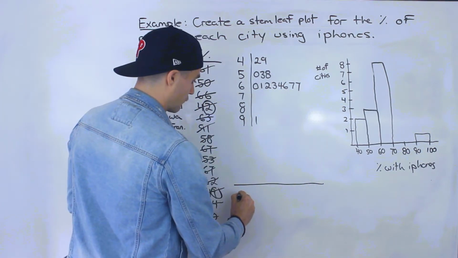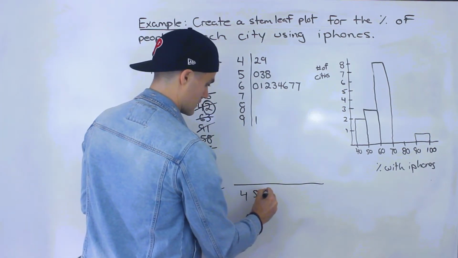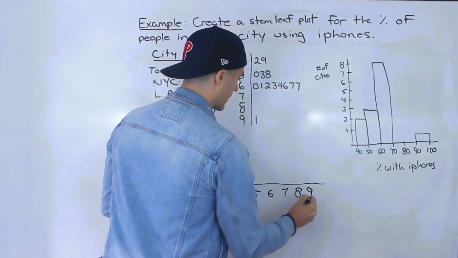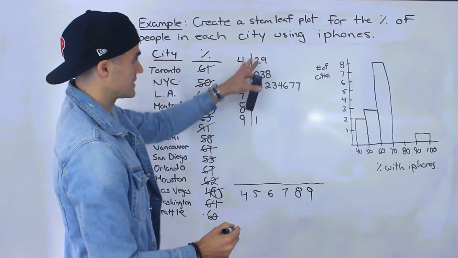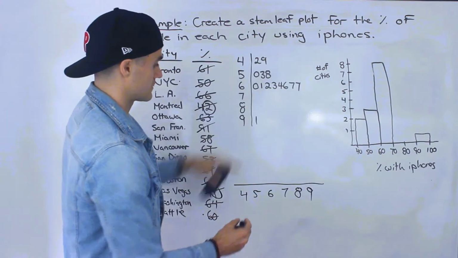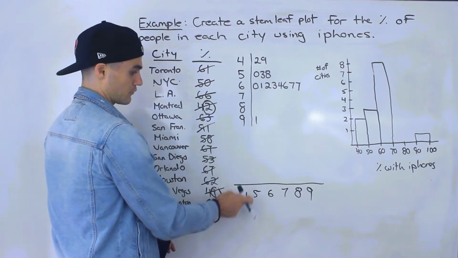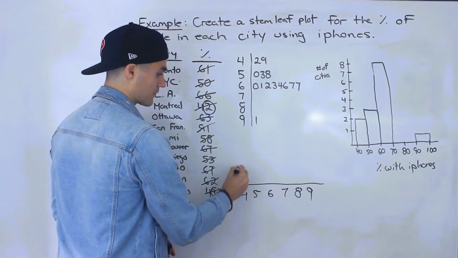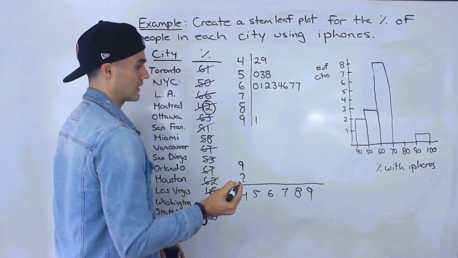So we're going to have 4, 5, 6, 7, 8, 9. And then what we could do is we could take these leaves and put them for those respective stems here. So we got 2 and 9, so we would just stack them. It would be like 2 and 9. Right?